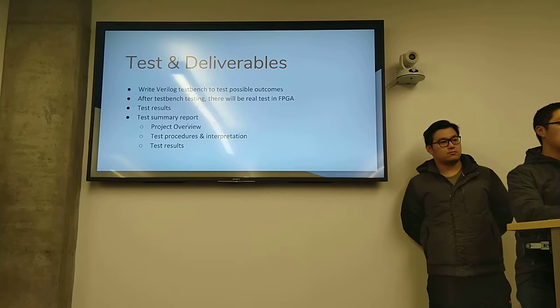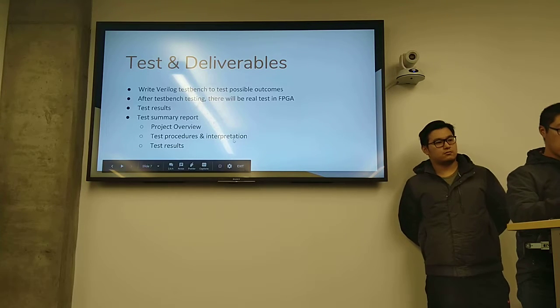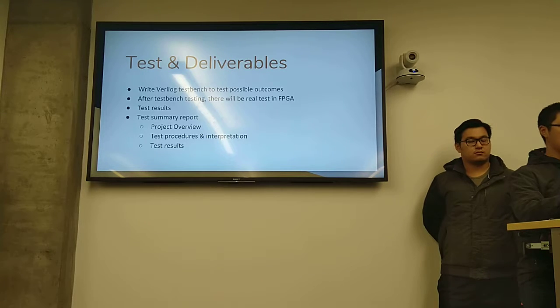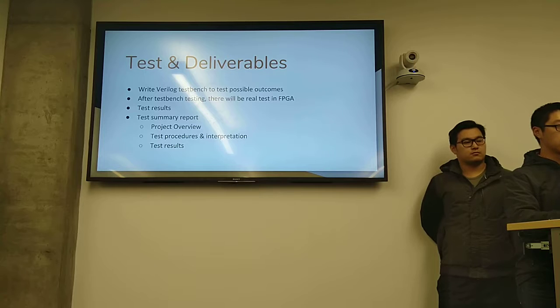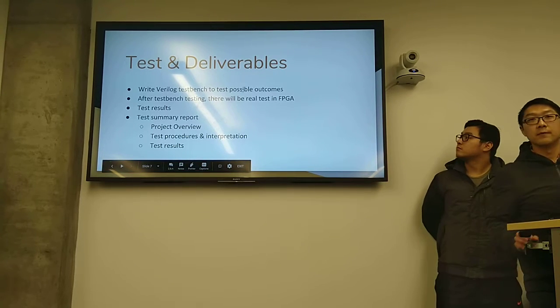For the test procedures and interpretation, we can explain how our program works to test all the results, and the test results are going to prove whether our program works or not. So yeah, that's it.